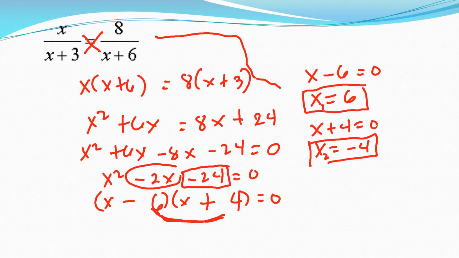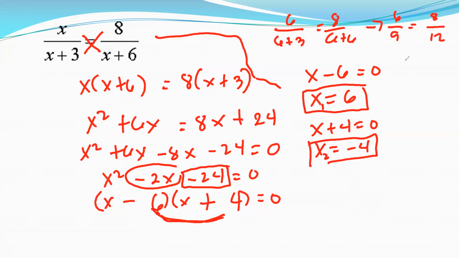Pero pag nag-zero yung denominator, it means that solution is not allowed. Okay? So let's check if they are correct if x is equal to positive 6. So 6 over 6 plus 3 equal to 8 over 6 plus 6. 6 over 9 is equal to 8 over 12.